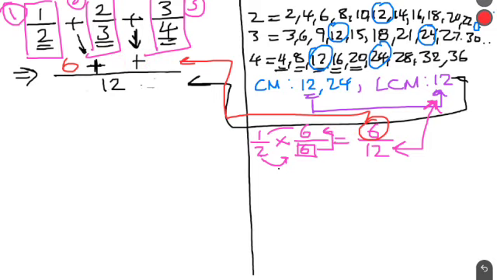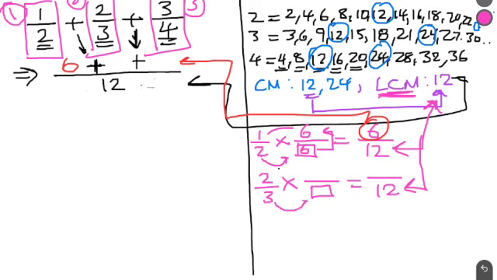Okay? So our second fraction we want to work with now is 2 over 3. So we look at the denominator in that fraction. And we say the denominator is 3. 3 times what number gives us 12? And once again, this 12 is the lowest common multiple that we found a while ago. So 3 times what number equals 12?